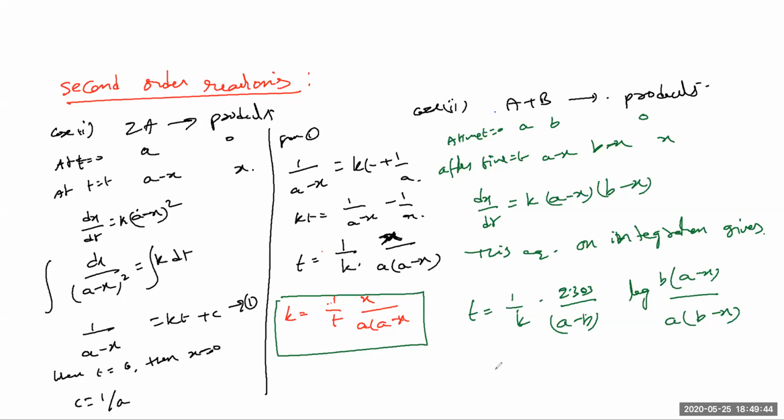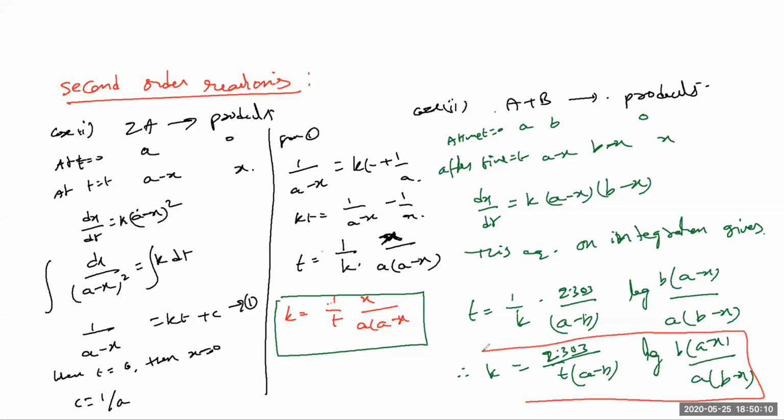But we require k, the integrated constant, so k is equal to 2.303 by t into a minus b into log of b into a minus x by a into b minus x. This is the equation. Note down this equation.